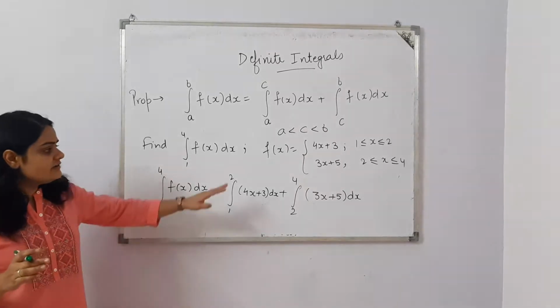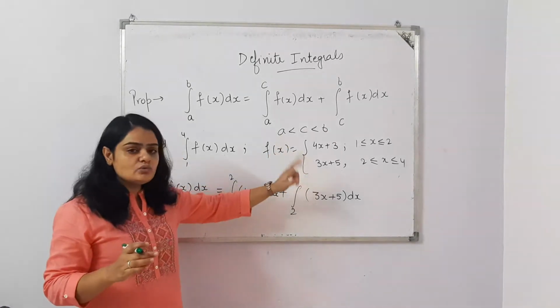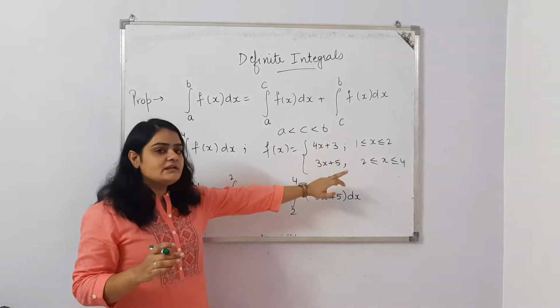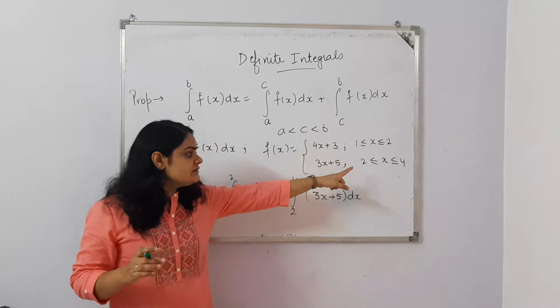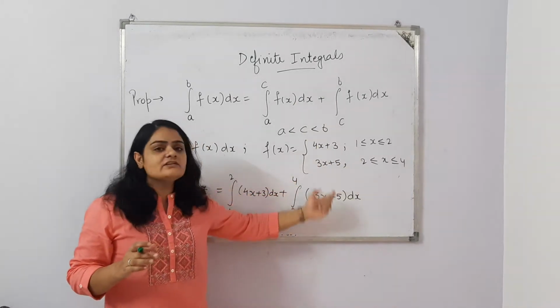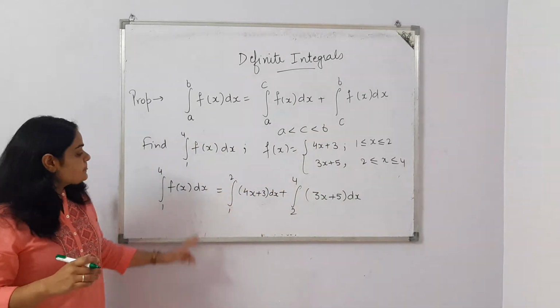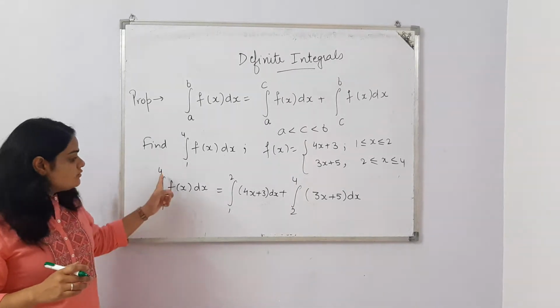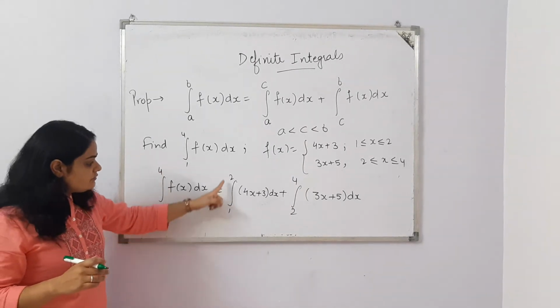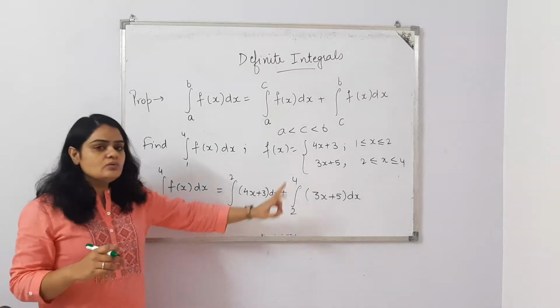There are two different functions for the limits: the limit 1 to 2 has the function 4x plus 3, and the limit 2 to 4 has the function 3x plus 5. I have split the limit because I need to find the integral for the limits 1 to 4. So I split the limits 1 to 2 and 2 to 4.